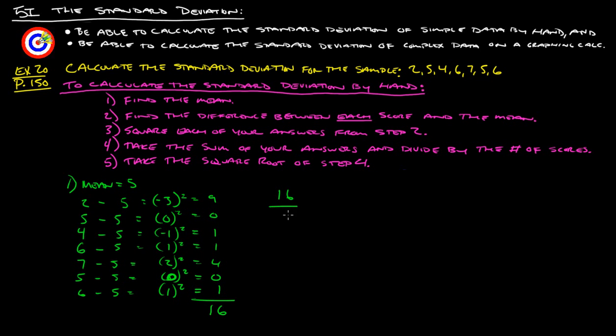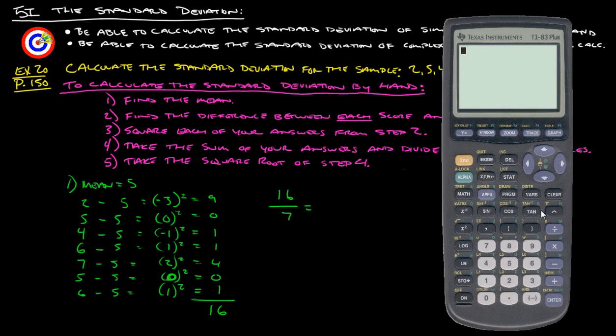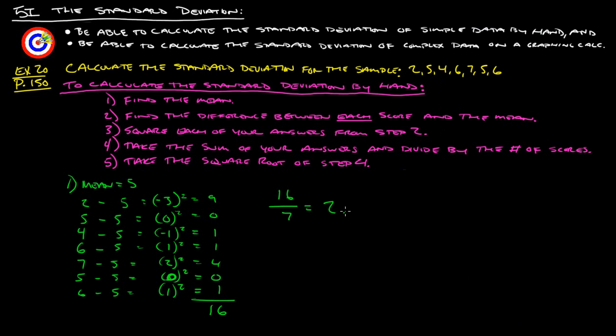Now we're going to divide by the number of scores. So we're going to take this 16, divide by the number of scores, which is 7. So we take 16 divided by 7, and we get 2.29. And then we take the square root of that number.